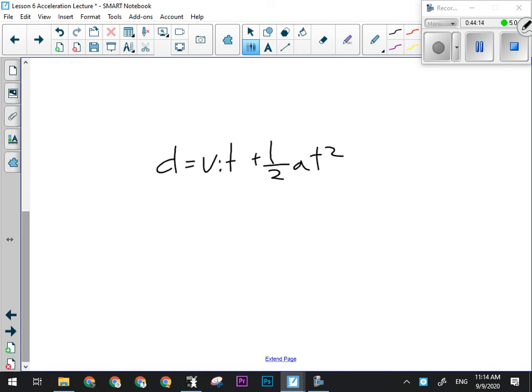What's not attached to VI? Yeah, this whole thing is not attached to VI. Since it's an addition-subtraction operation, I know what this number was, so I can just subtract it over. So I'm going to have D minus 1/2 AT squared equals VI times T.